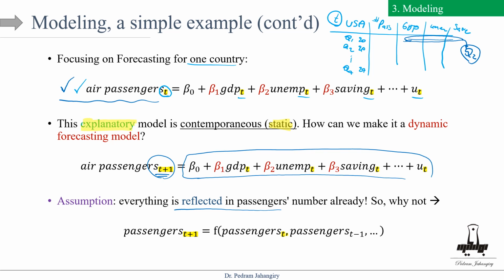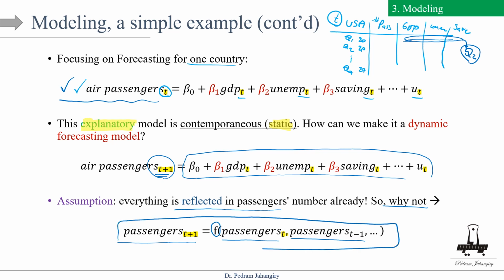If that's the case, I want to rewrite the model like this: passenger at t+1 is a function of passenger at time t, passenger at t-1, passenger at t-2, and etc. So it's only a function of one random variable, passenger, but I'm looking at different lag values. Let's say this is our forecasting model that we have in mind.